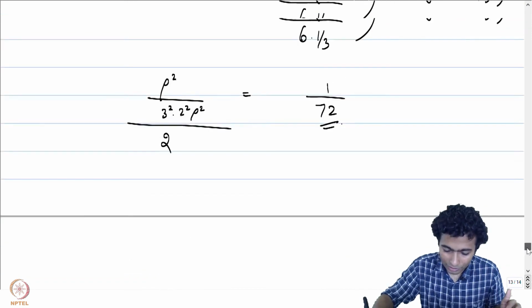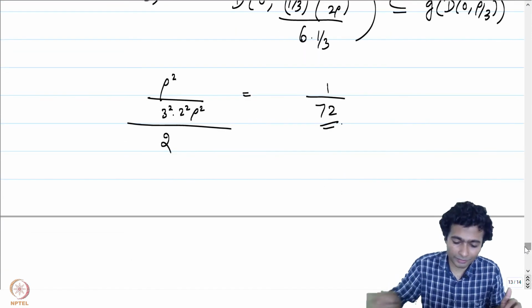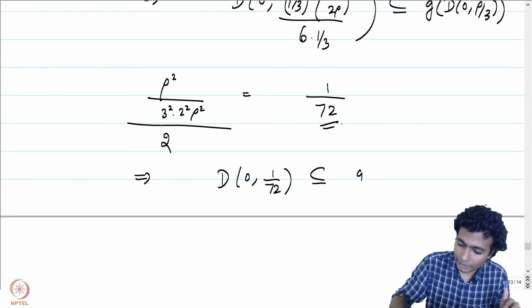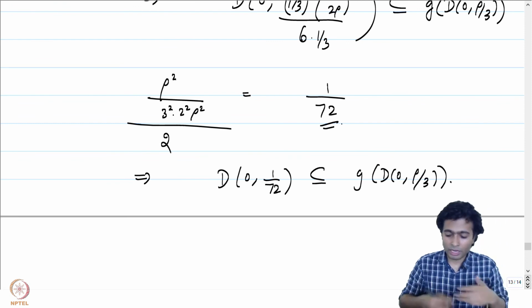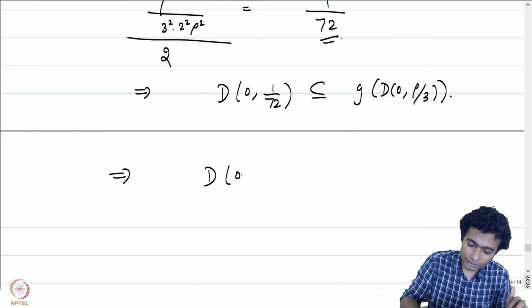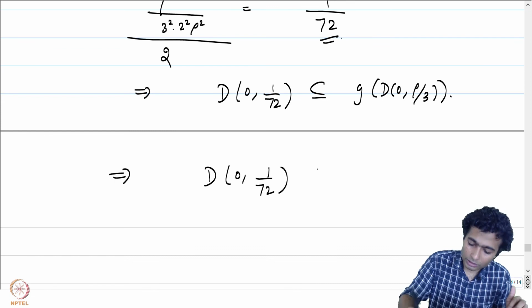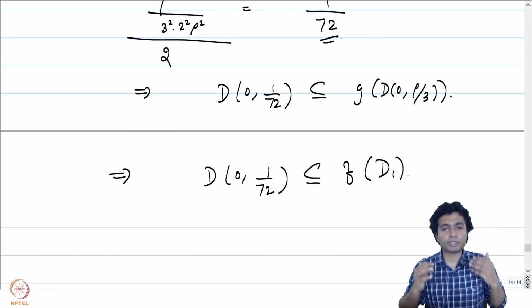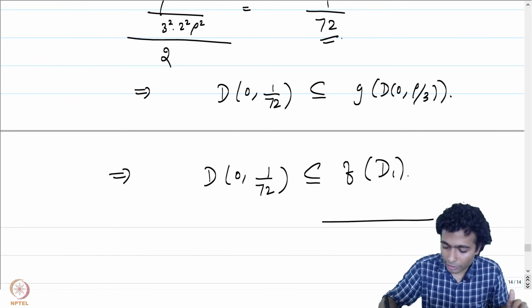I should confess that there is some reverse engineering that was involved. This tells us that D0 1 by 72 is contained in g of D0 rho by 3. And now translating it back, this tells us that D0 1 by 72 is contained in f of D1, which is precisely what we had set out to prove, thereby getting Bloch's theorem.